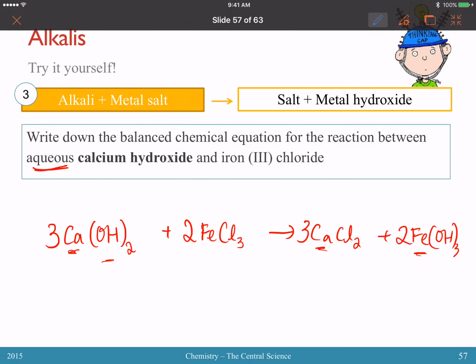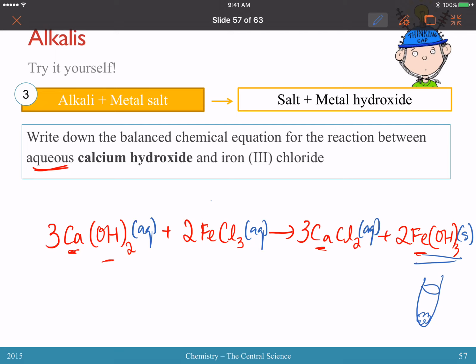Okay, so what is the state symbol? I already told you that calcium hydroxide is aqueous here, and iron 3 chloride is also an aqueous salt. So it gives me calcium chloride, which is also aqueous, and iron hydroxide, which is insoluble, so it is a solid. So what you observe here will be your iron 3 hydroxide precipitating out.